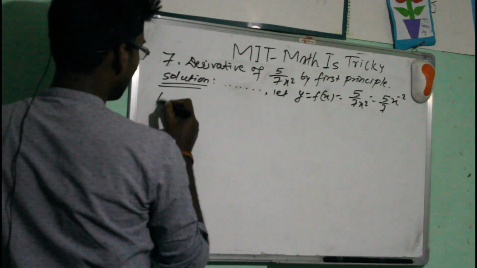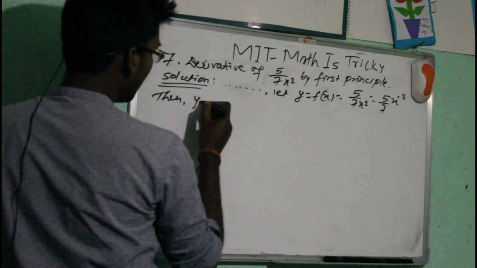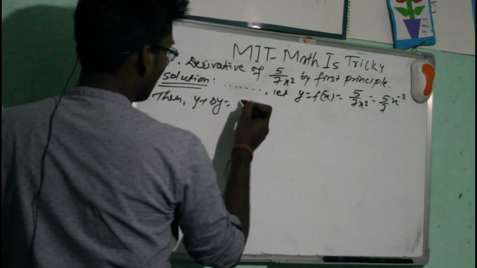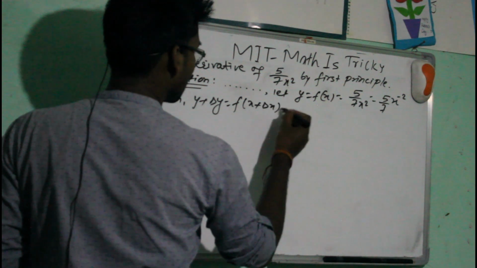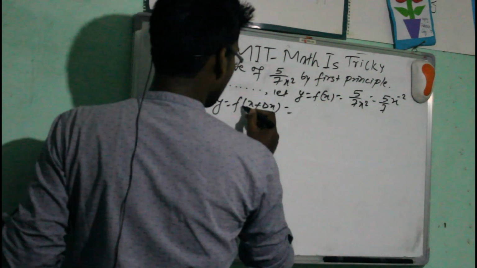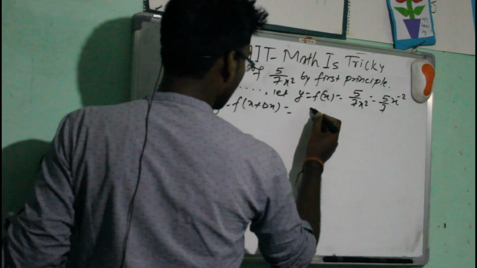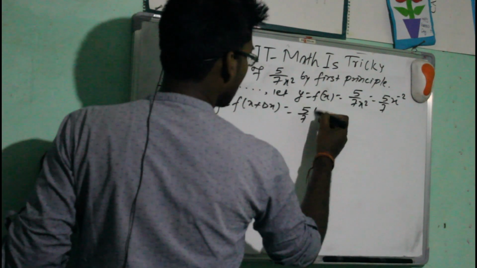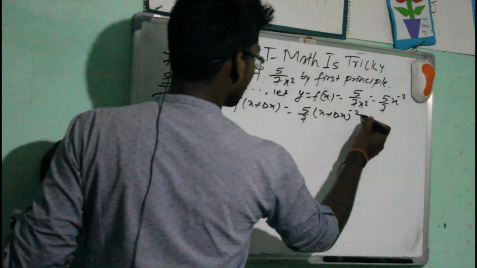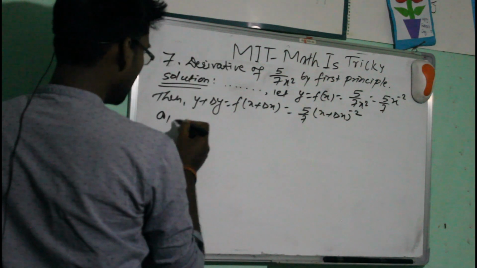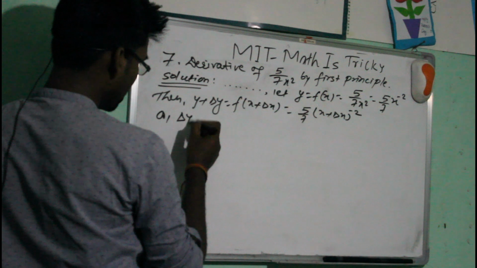Then y plus delta y will be equal to f of x plus delta x, which is simply 5 by 7 times (x plus delta x) to the power minus 2. We are always finding the value of delta y, so do the same thing here.